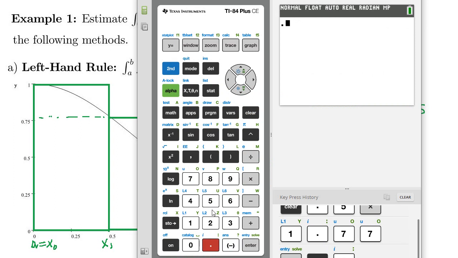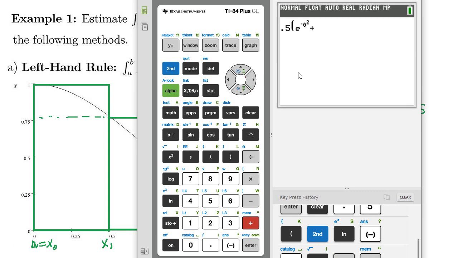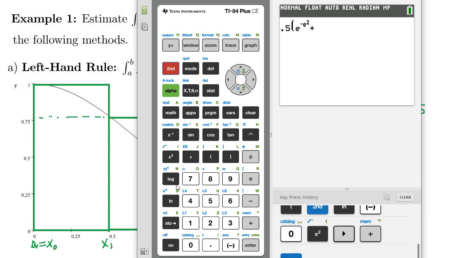So I got my 0.5 outside, parentheses. I'm going to use the second function of the natural log to get my e. And I've got a negative of 0, and that guy gets squared. Going to arrow to the right, and then plus, same thing, with a 0.5 there. So I'm going to do second function of the natural log.